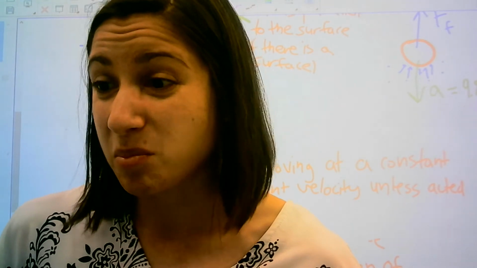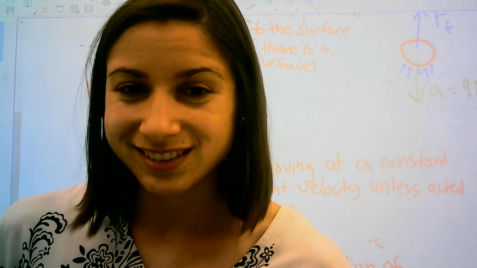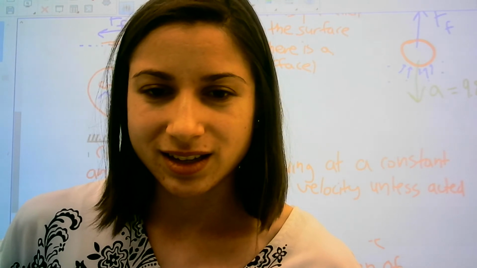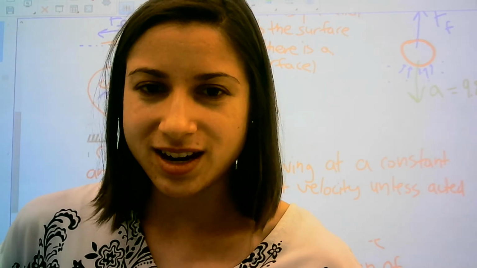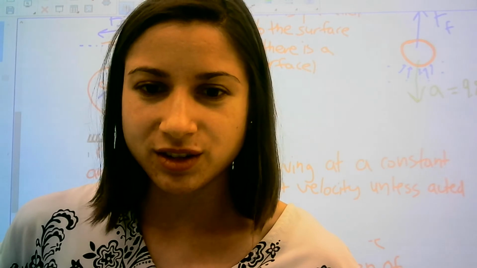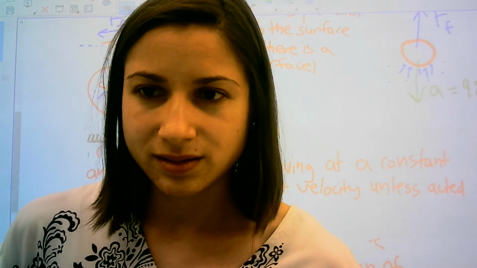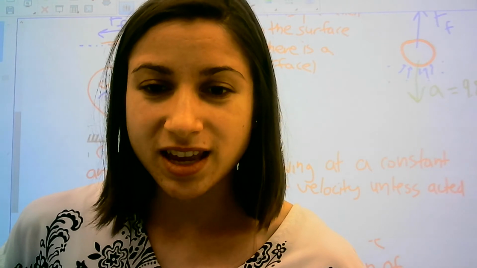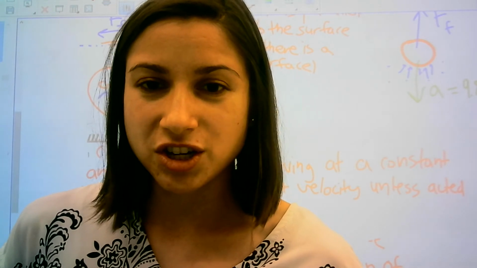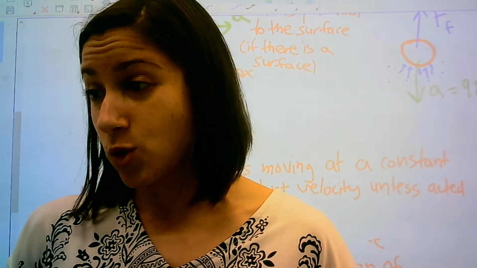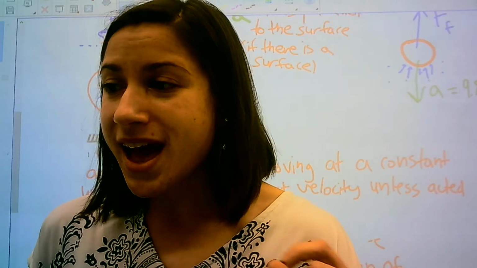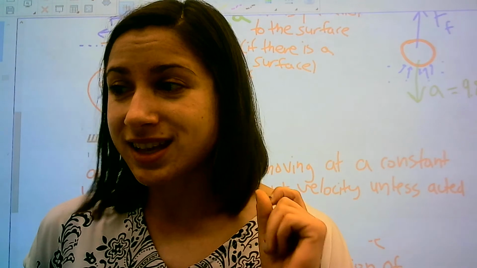If I apply 100 newtons, this is moving just fine. But if I apply the same force to my fridge, it's barely moving. That was one of the questions on the first page. It's much harder to move a mass that's larger than a mass that's smaller.